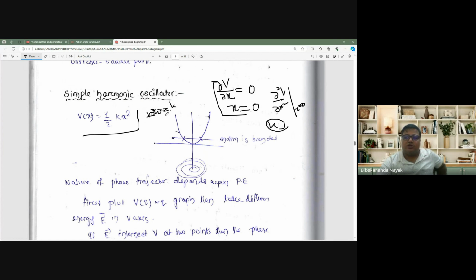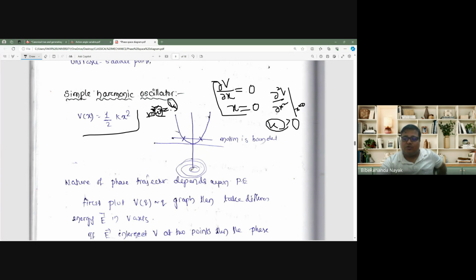Mass is a positive quantity and frequency square is a positive quantity, so k is always positive. So k greater than 0 means del square V by del x square greater than 0, meaning V is minimum. So it is a stable equilibrium point.